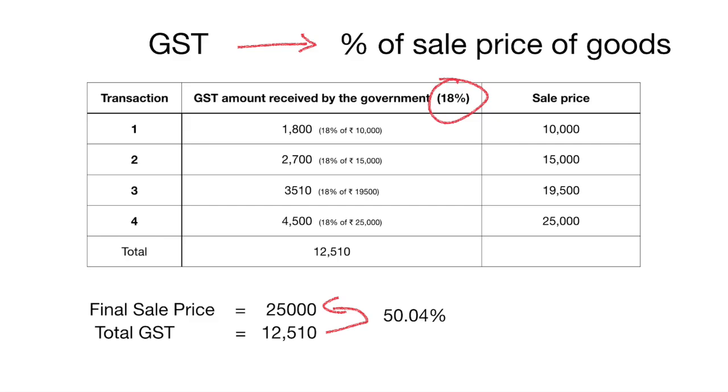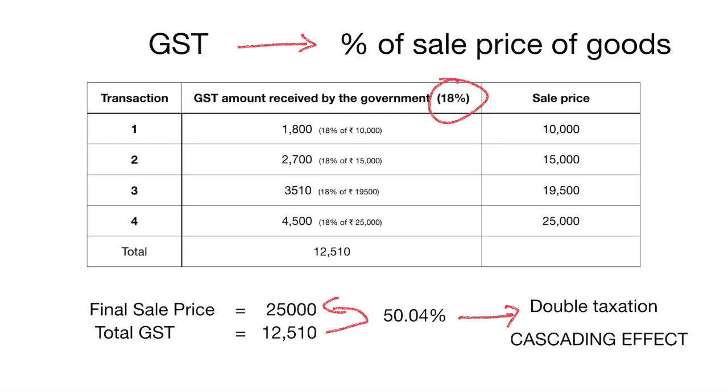But we calculated everything on the basis of 18% only. We also cross-checked it at the end of every transaction. Yet, there has been some mistake. But we don't need to worry. Because this is nothing but the effect of double taxation, and it is called the cascading effect.